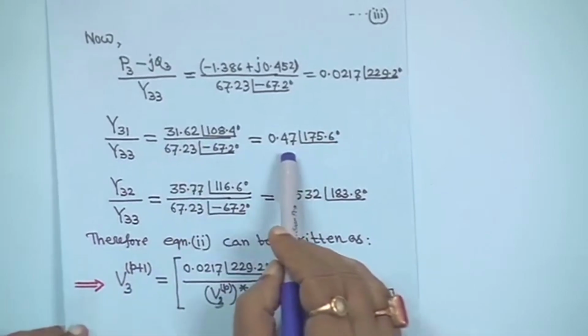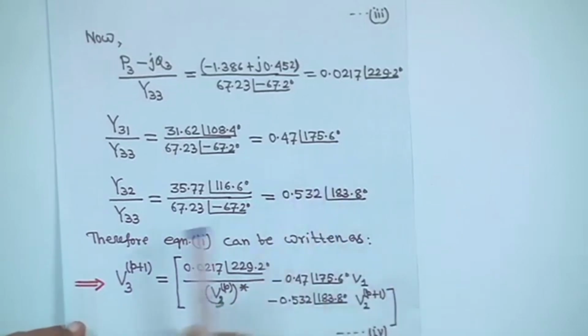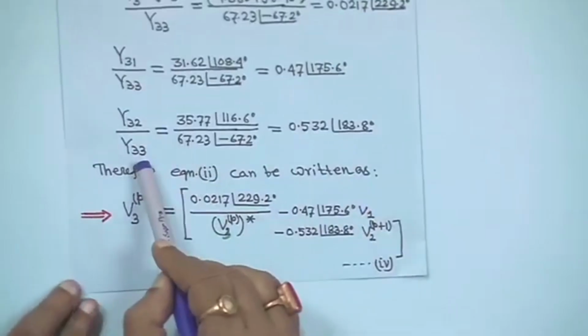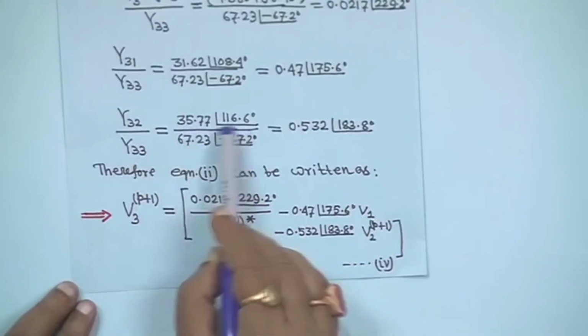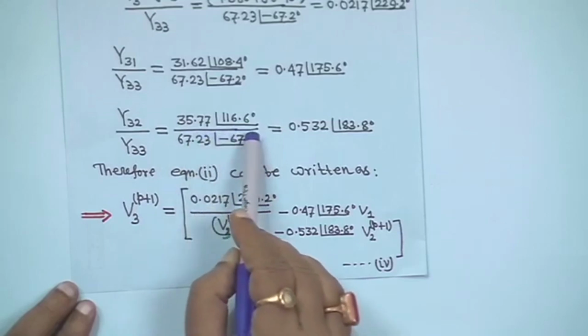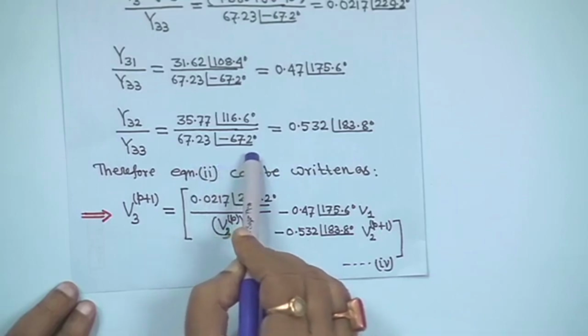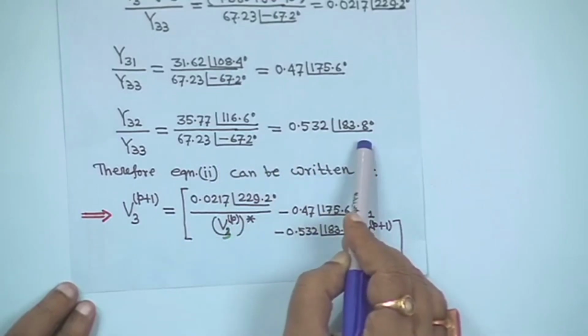So, that is coming 0.47 angle 175.6 degree, right. Similarly, another one, Y 3 2 upon Y 3 3, the capital ones. Put this value 35.77 angle 116.6 degree and 67.23 angle minus 67.2 degree, you will get 0.528 angle 183.8 degree, right.